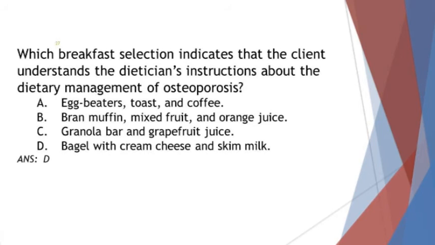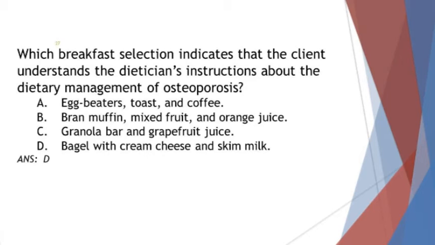Another idea that I've heard people say is that if a student can find the answer to your question on one page, in one book, then it's probably not an application question, because the concept should be higher level than that. So the example I've given is, which breakfast selection indicates that the client understands the dietitian's instructions about the dietary management of osteoporosis?